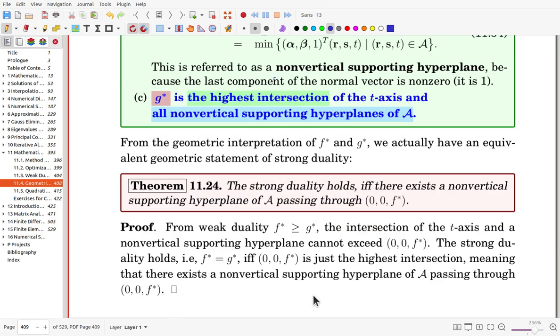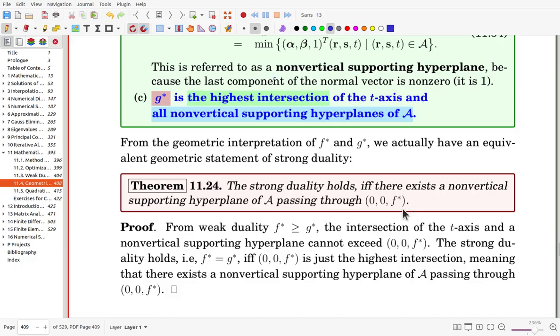Here, strong duality holds if and only if there exists a non-vertical supporting hyperplane of A passing through the t-axis at the point f star.